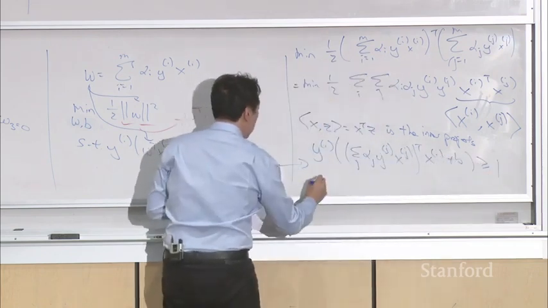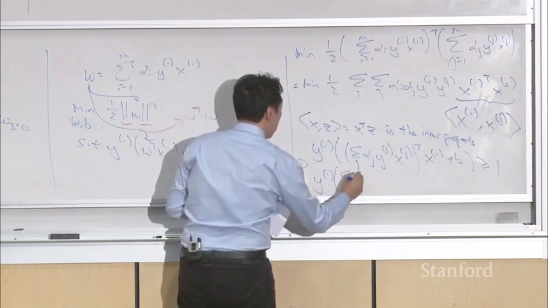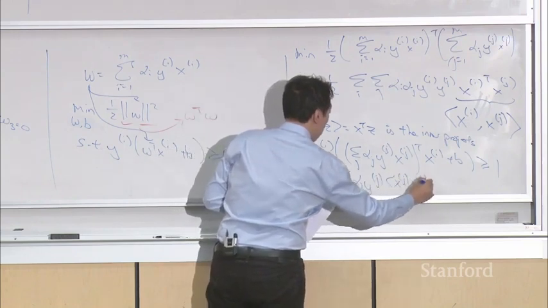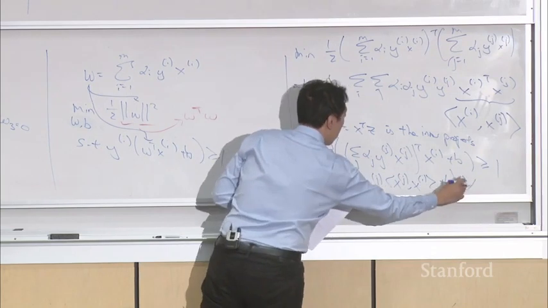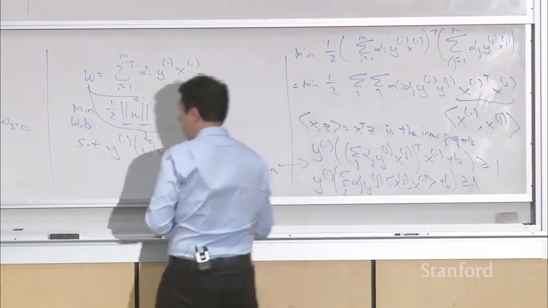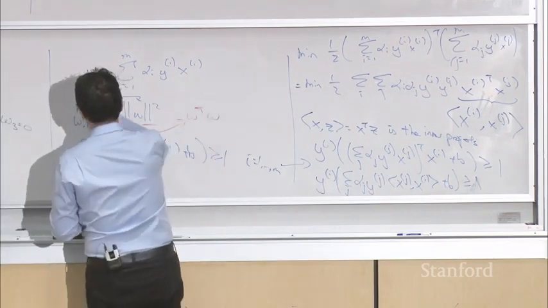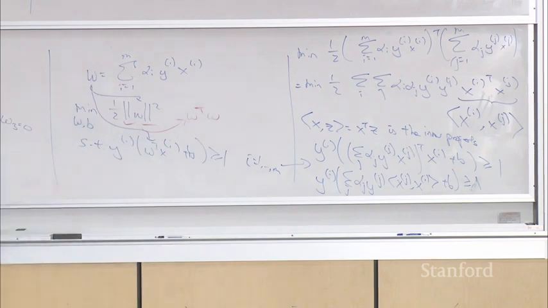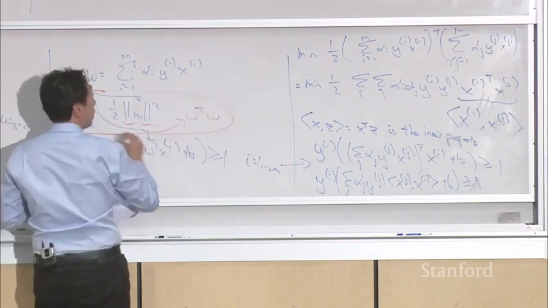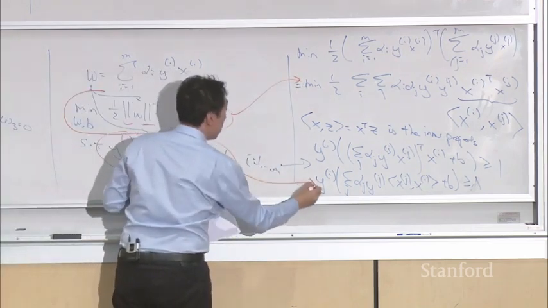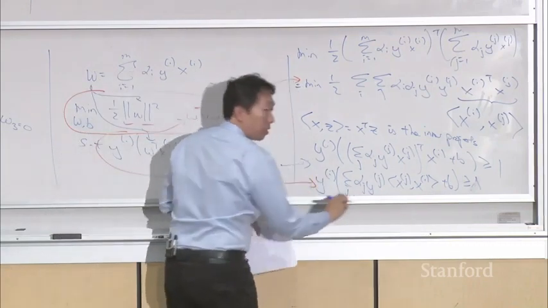If you just multiply this out, just to make sure the mapping is clear, that becomes this, and this becomes that.